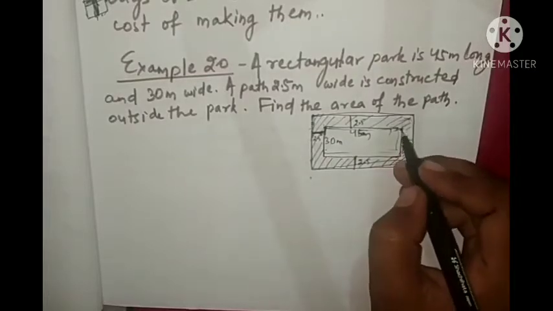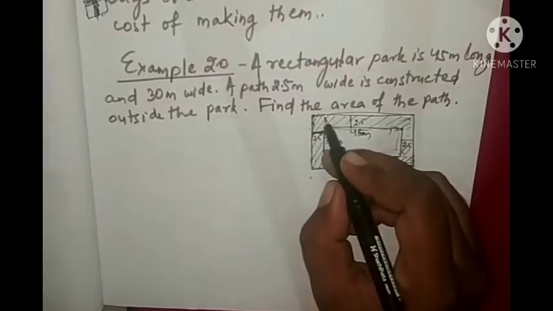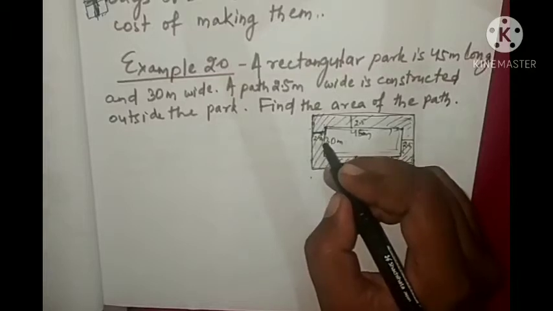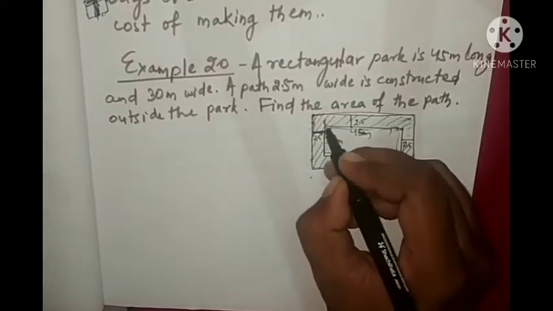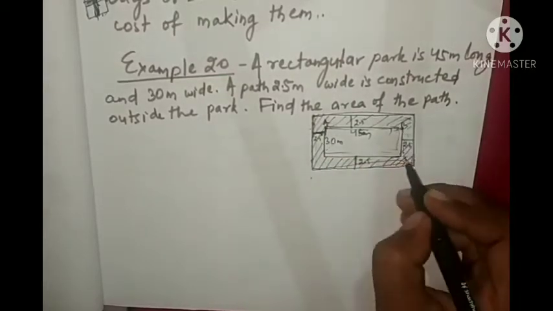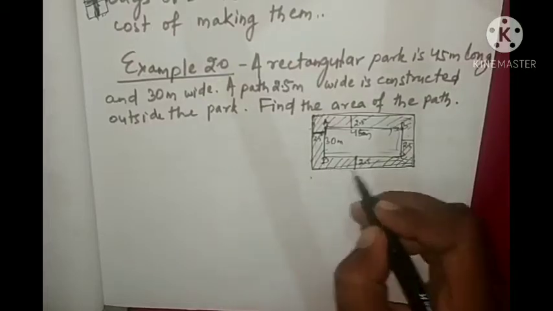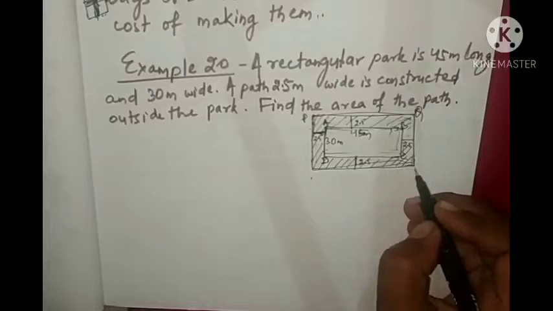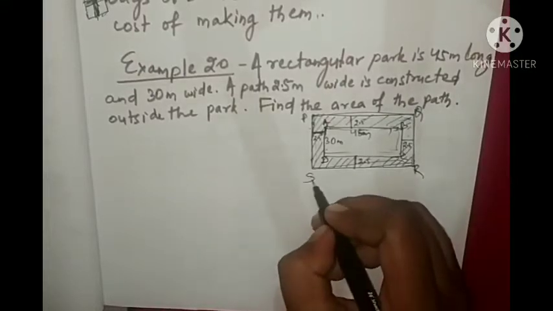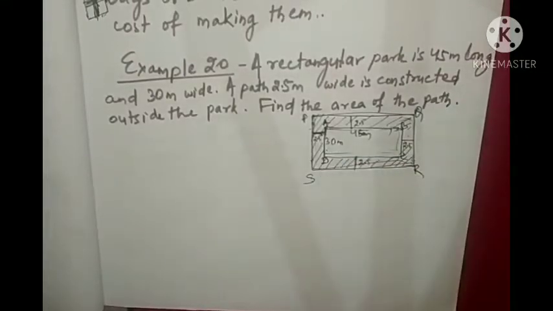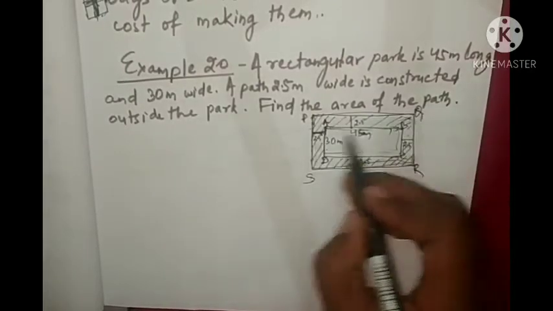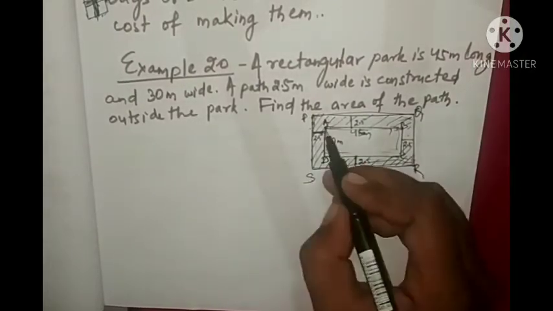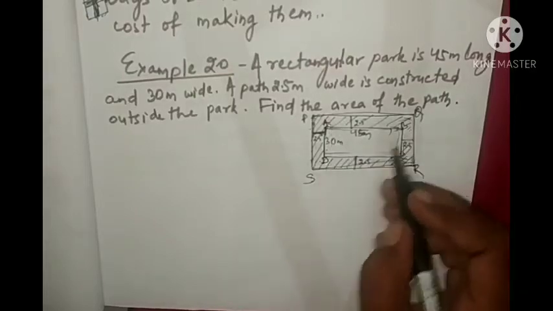First name it A, B, C, D, then name the bigger one P, Q, R, S. You have to find out PQ and PS. You already know AD and AB.